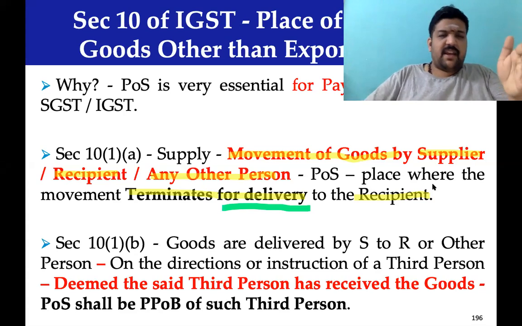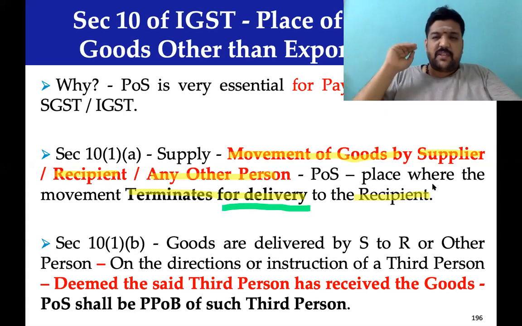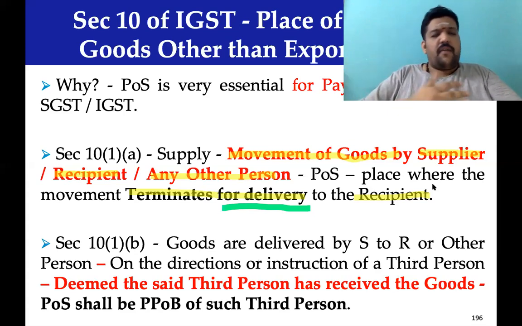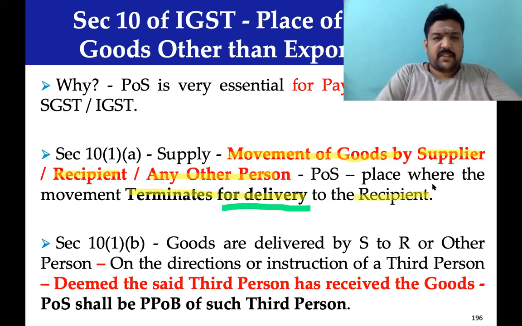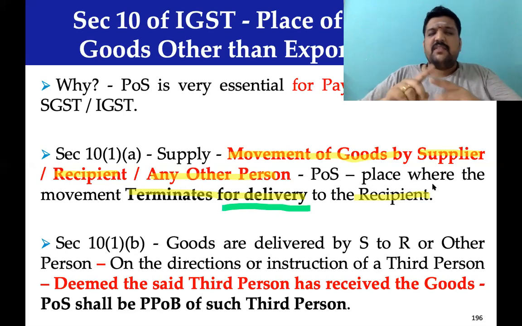If you say Kerala, it's actual delivery. If you say Tamil Nadu, it is constructive delivery, where the goods are intended to go. Of course, responsibility of the supplier stops at his place, and the rest of the responsibility is of the receiver.